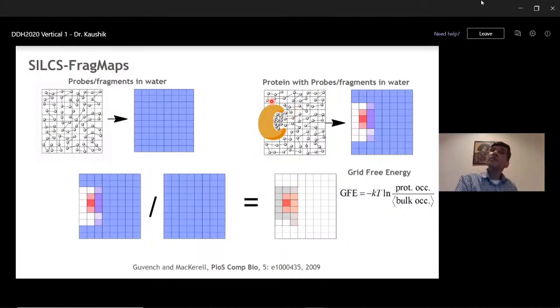There could be certain sites where the protein surface doesn't like the methanol. There could be certain sites where the protein likes the methanol. Or in other words, when you redo this exercise of binning the entire simulation box into these grids or voxels, and count the number of times a methanol has visited, that count is going to change depending on where you make the measurement.